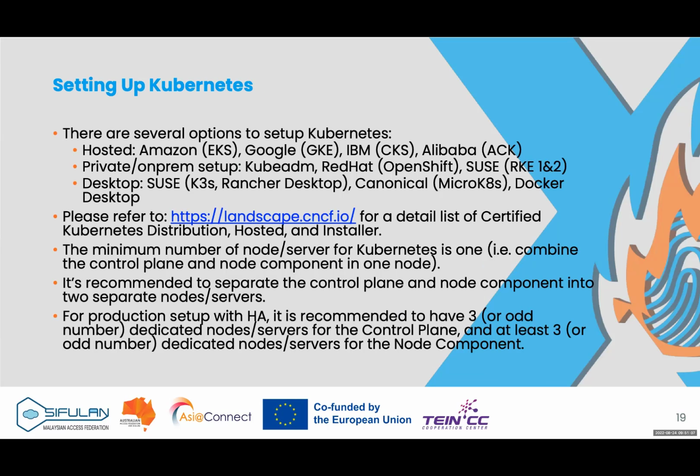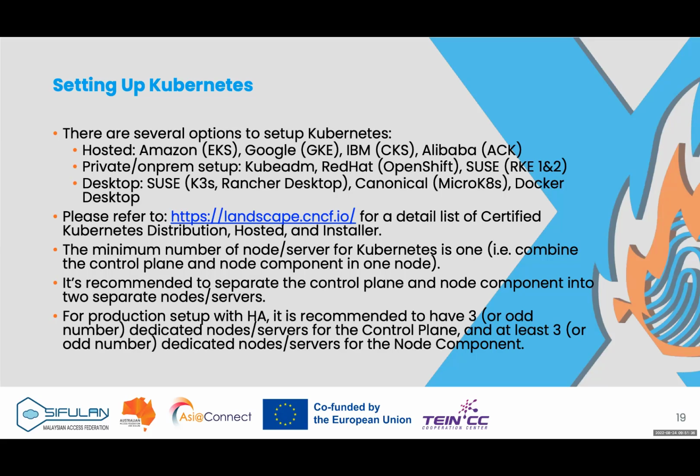For setting up Kubernetes, there are several options, either hosted, such as from Amazon EKS, Elastic Kubernetes Service, Google GKE, Google Kubernetes Engine, IBM, Alibaba, and so on. There are also private or on-prem setups, such as kubeadm, Red Hat OpenShift, or SUSE RKE1 and RKE2.